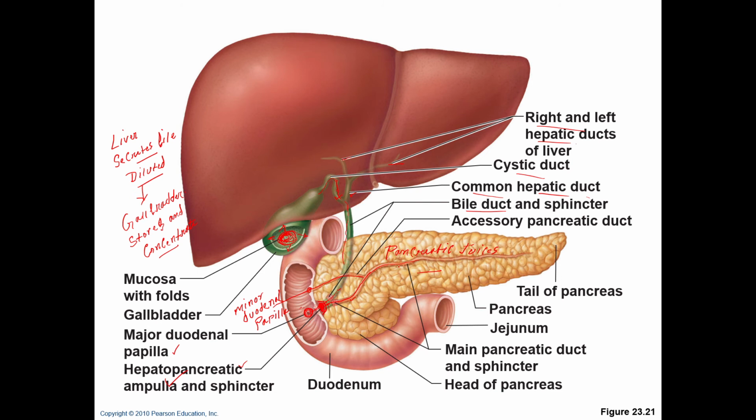So pancreatic enzymes enter into the duodenum, and as well as bile enters into the duodenum, and those chemicals digest the food in the intestine. And in the stomach, mainly digestion occurs by the hydrochloric acid.